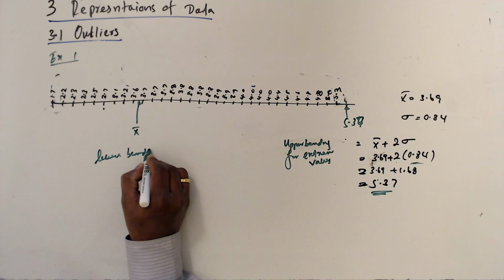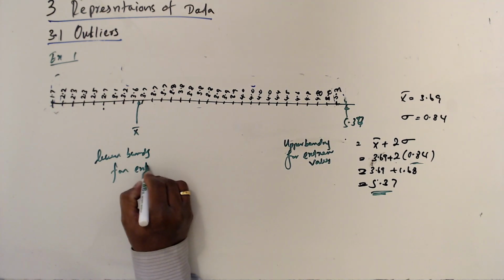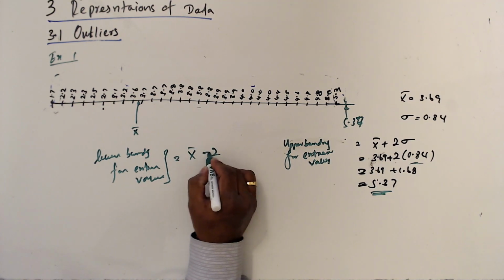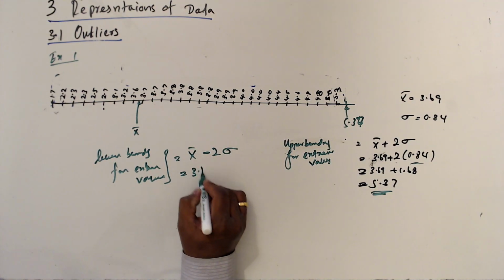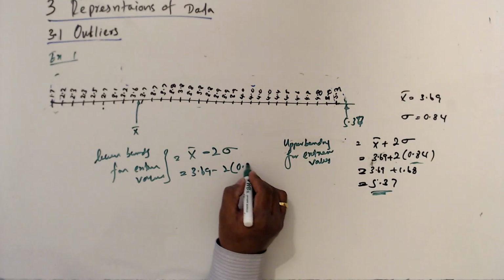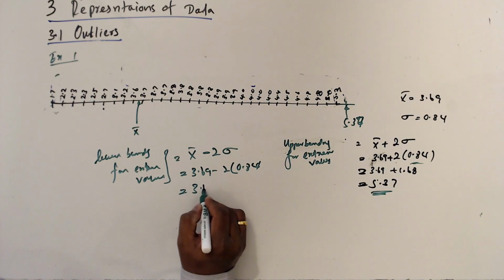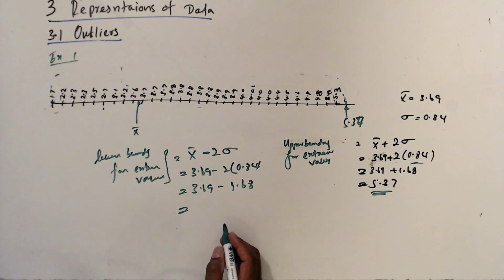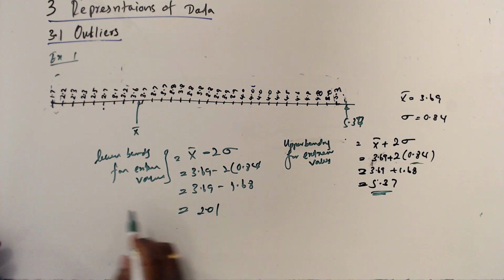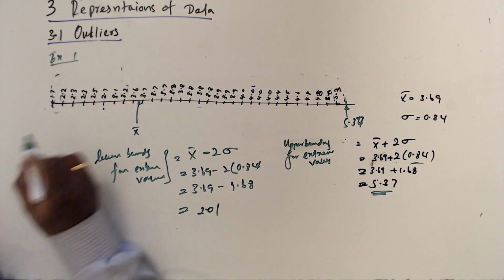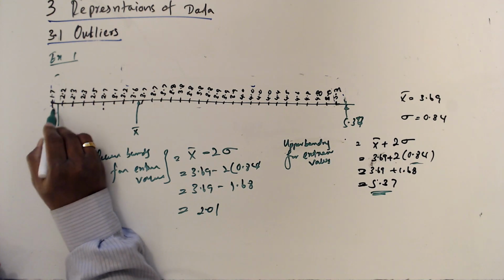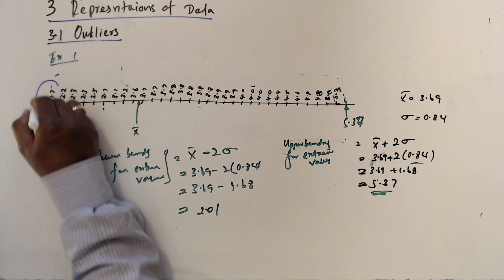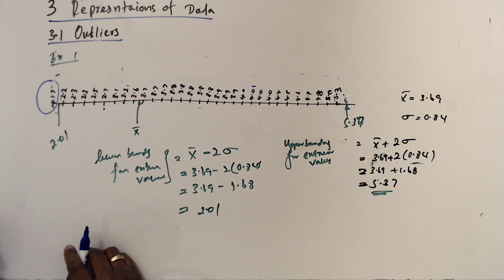Lower boundary for extreme values: x bar minus 2 times sigma, 3.69 minus 2 times 0.84. 3.69 minus 1.68. So this value is going to be 2.01. It means 2.01 is going to be somewhere here.